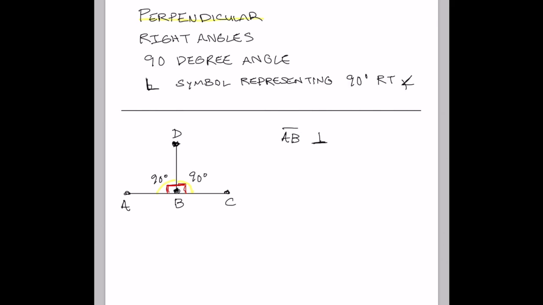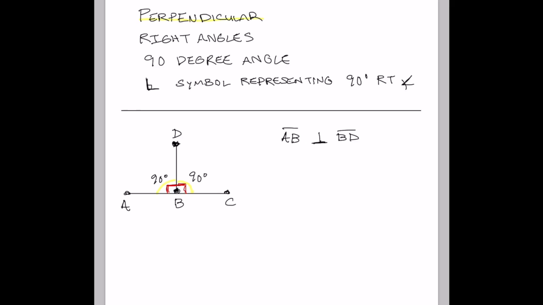You see how that looks just like where AB meets with line BD. So if we were to say that all in one sentence, this is an explanation of what we're looking at here: line segment AB is perpendicular to line BD.